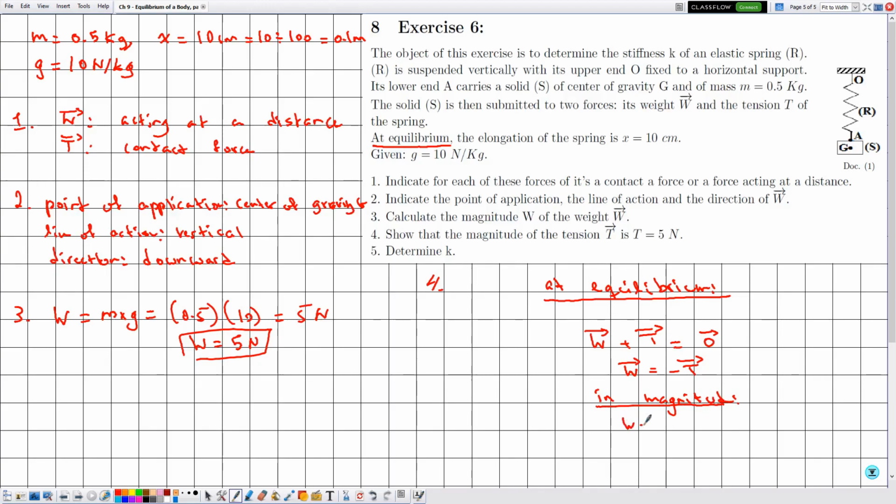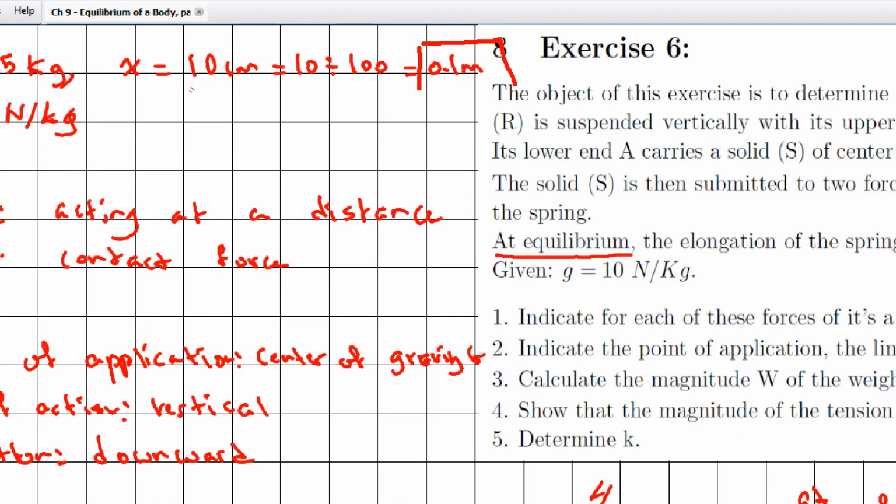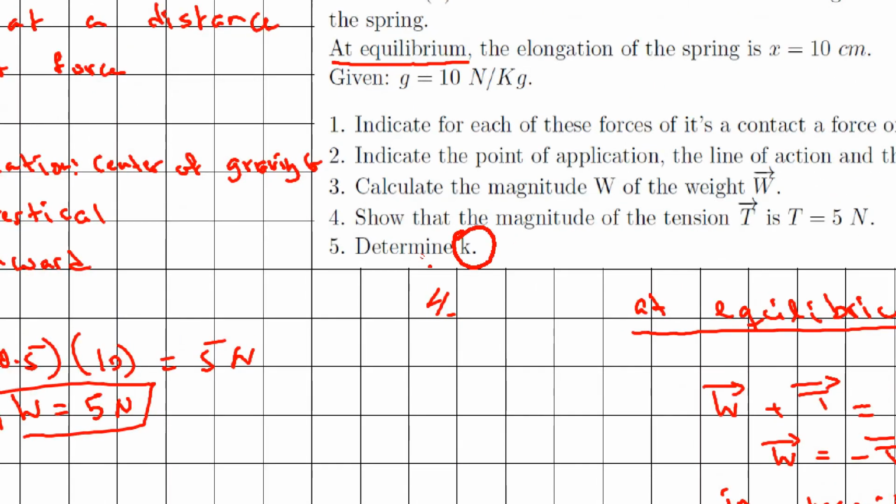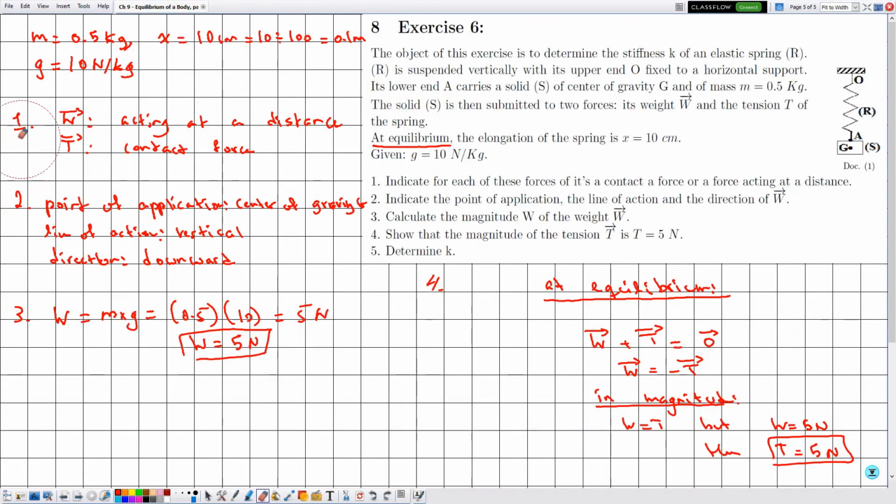that the weight is equal to the tension, but we know that the value of the weight is 5 newtons. Then the value of the tension is equal to 5 newtons. Now after we have determined the value of the tension and we know the value of the elongation, the value of K can be determined using Hooke's law.